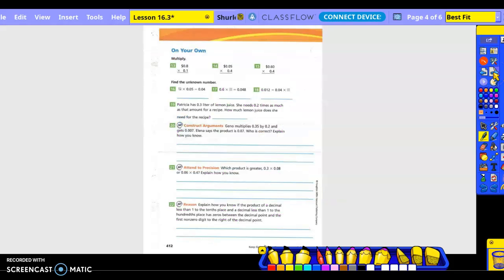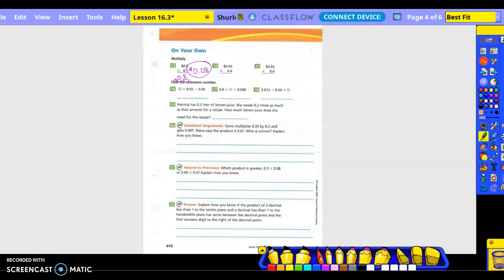All right, let's play on your own. So we act like there's no decimals there. 8 times 1 is 8. How many decimal places do I have on the top? How many do I have on the bottom? So I need to go over 2 spots. So I put a 0 to hold my spot. So my answer is 8 hundredths. And then I need to remember my label. So it's actually 8 cents, right?